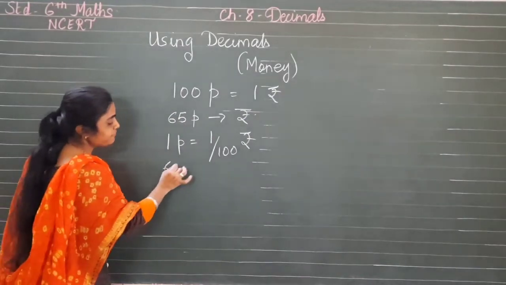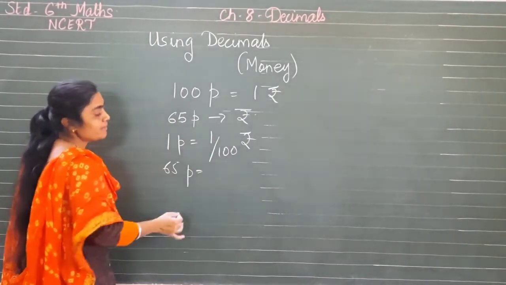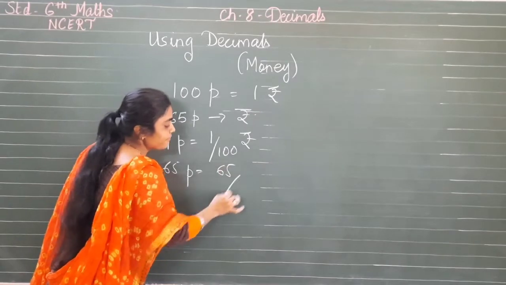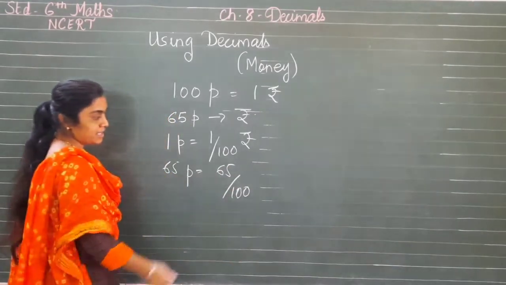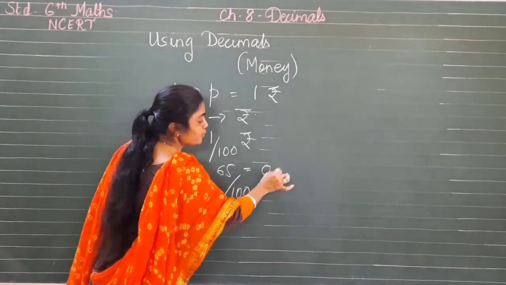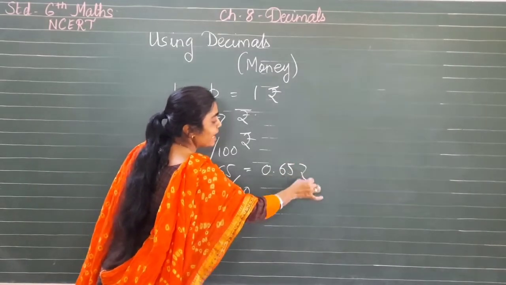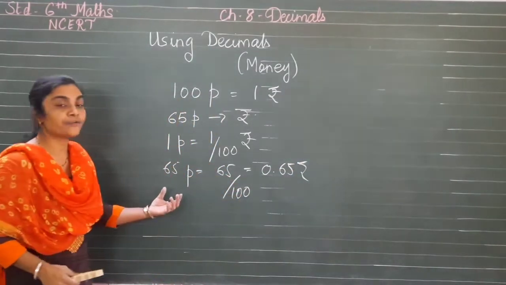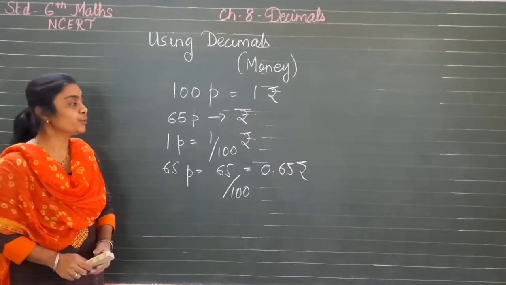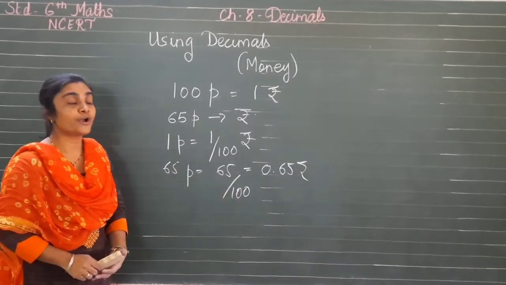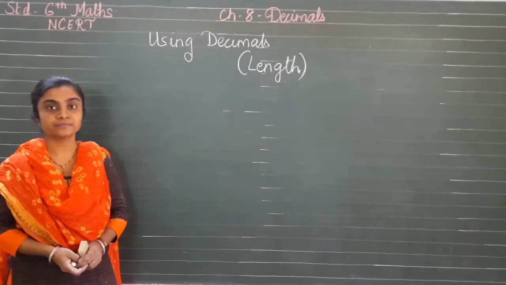So 65 paisa will become 65 upon 100. So this will be 0.65 rupee. So we have converted paisa into rupee. The answer is 0.65 rupee.